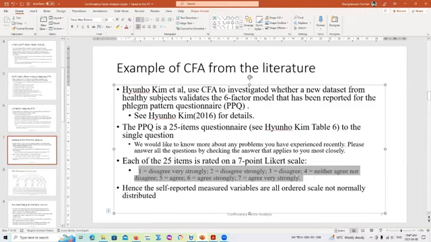If the majority of people are around here, neither agree nor disagree, and the proportion of people becomes lower and lower to the left and to the right by the same magnitude, then this data for a large sample will look very normal. So the normal theory assumption will hold.